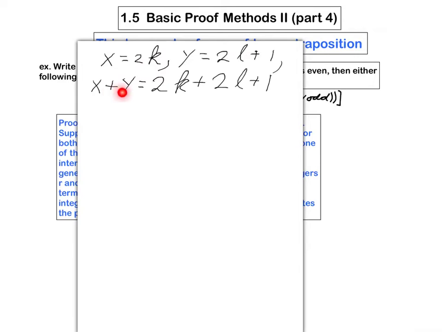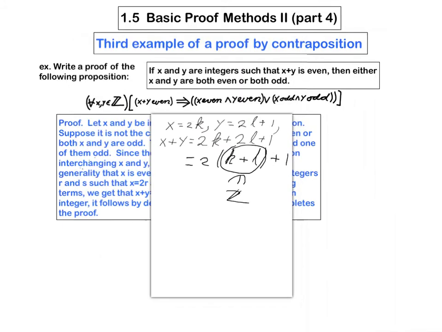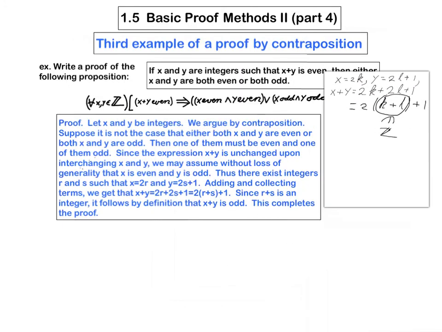Then we calculated x plus y, we got this, and then we just observed that that's 2 times k plus l plus 1, and then since this is an integer, that shows that x plus y is an odd integer, and so that's the idea of the proof. And so let's now see how I actually wrote all of this up.